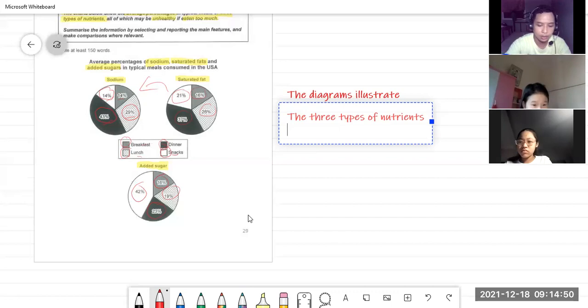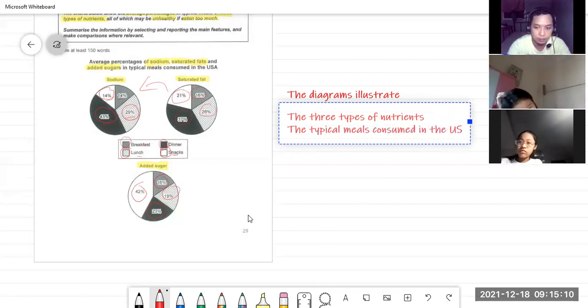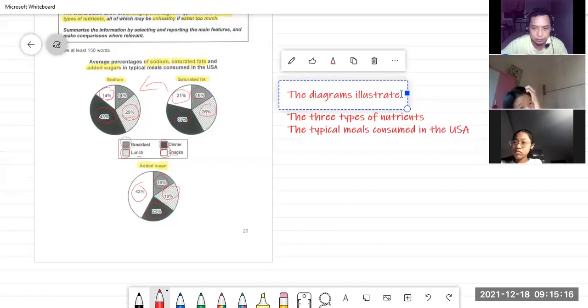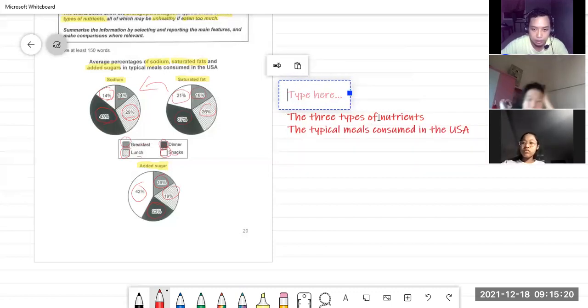Okay, so we can make the point here: the typical meals consumed in the USA. Okay, so we already have three points. I will move it here.